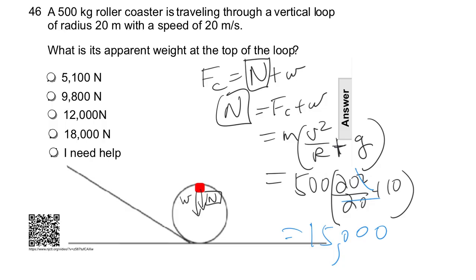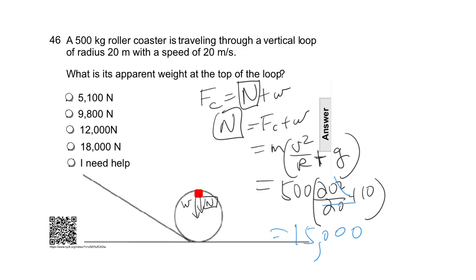Okay, obviously I made a mistake. And I was going so fast. So you shouldn't do that. So look, the math. N, right here. N equals Fc minus the weight. And so that would be a negative sign right here.